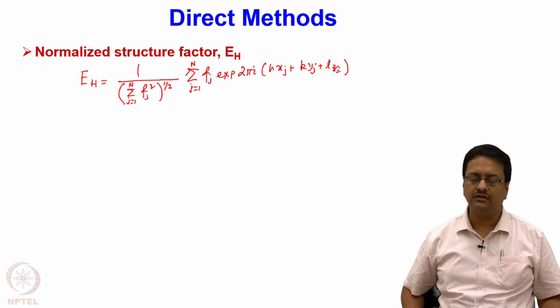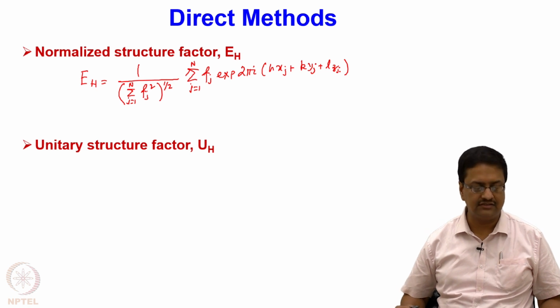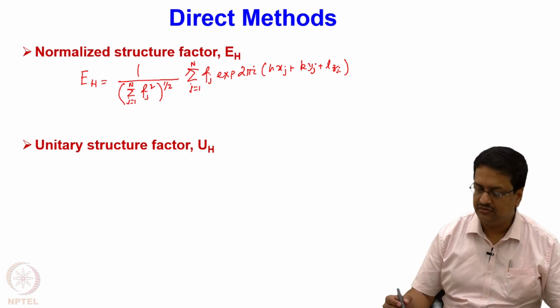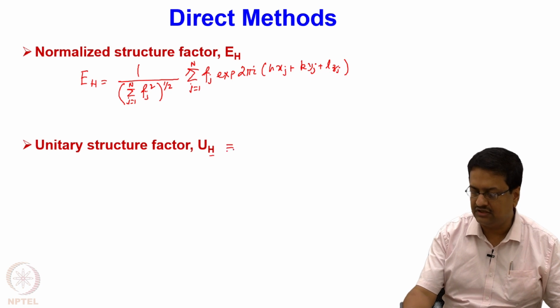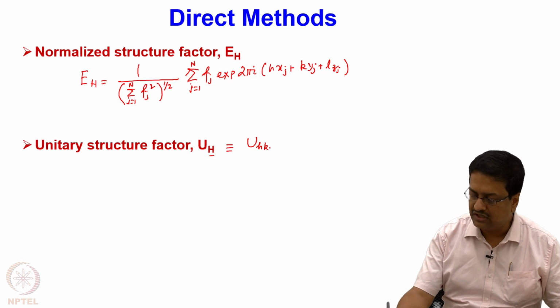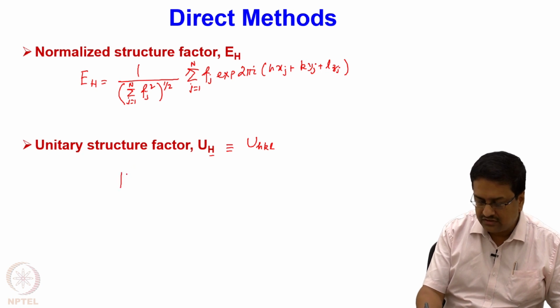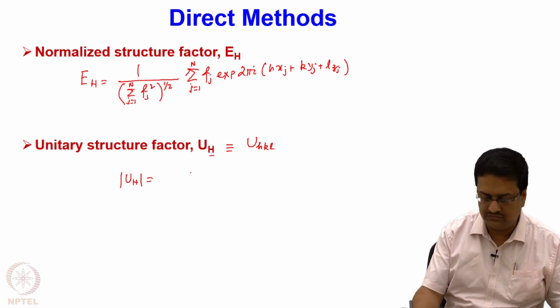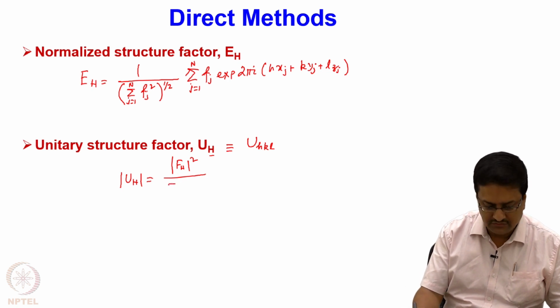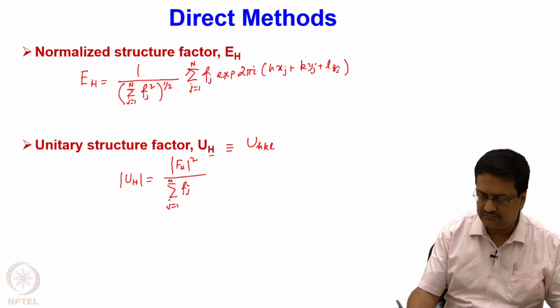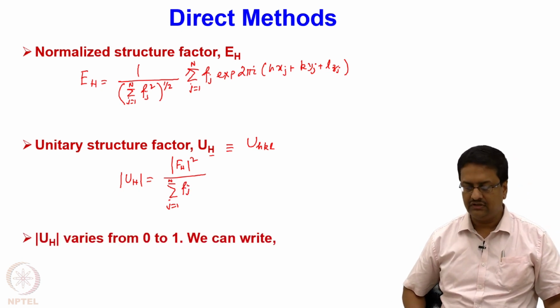Then we went on to define the corresponding unitary structure factor U_H. When we write U_H, it means we are talking about a reflection of Miller indices h, k and l. We wrote that U_H is equal to the mod of F_H divided by the sum of j equal to 1 to n of f_j.